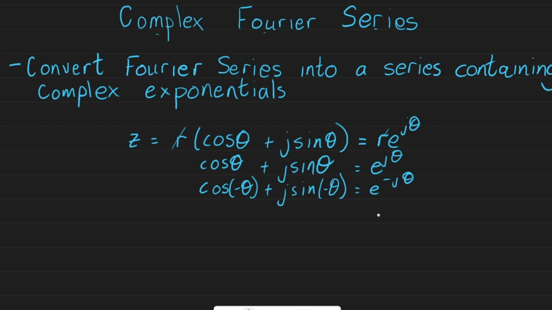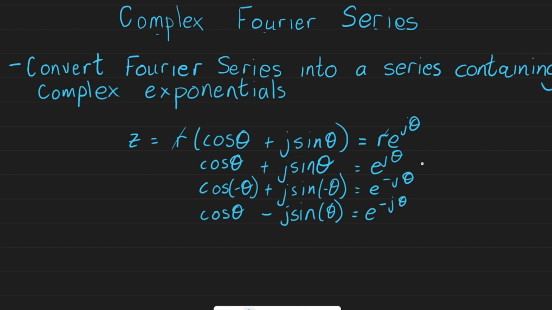If we remember our trig identities, we would remember that cos of minus theta is just the same as cos theta, and sine of minus theta is just minus sine theta. And this is equal to e to the power minus j theta.